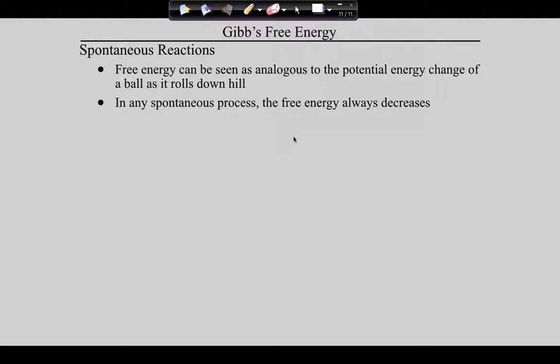All spontaneous processes lose free energy. Free energy always goes down. Notice we've got any and always. Those are those very rare security blankets that we don't get to enjoy much anymore, right? So any process that brings about a decrease in free energy will always be spontaneous.